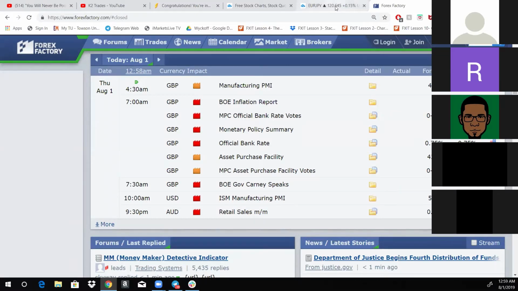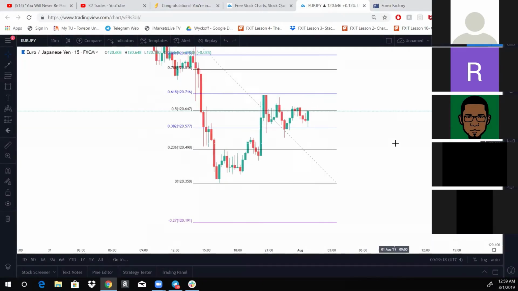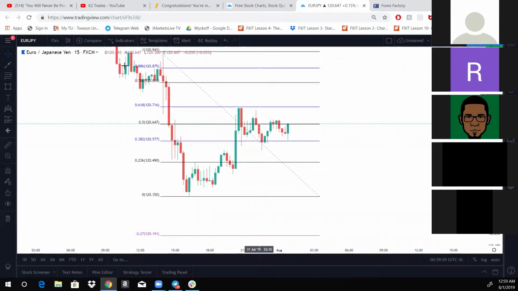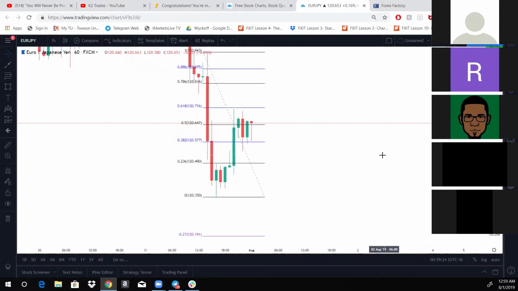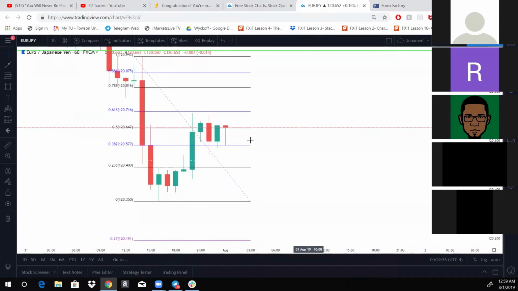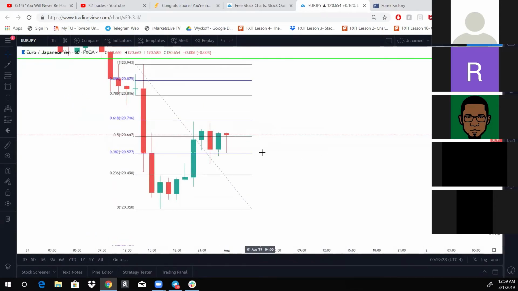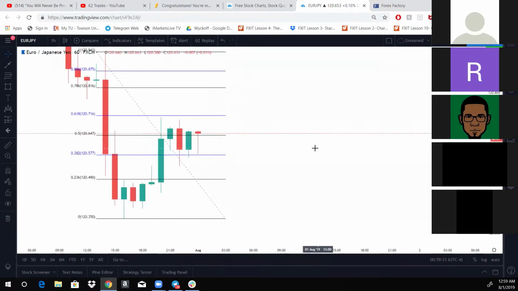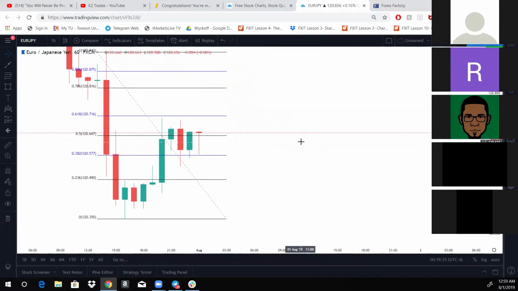So you are in GBP. Yeah, I'm in. Let me see what I'm in. See what it is doing? Like this final push, Dave, is just gonna make this like a pin bar.